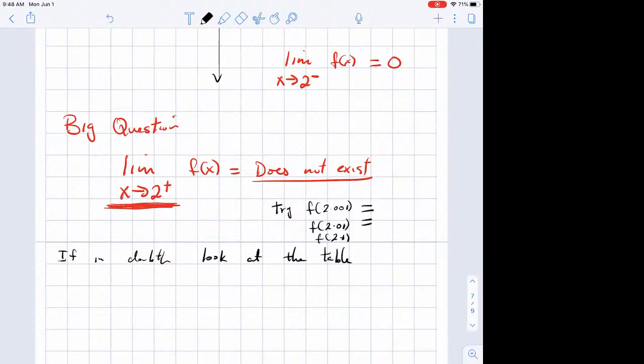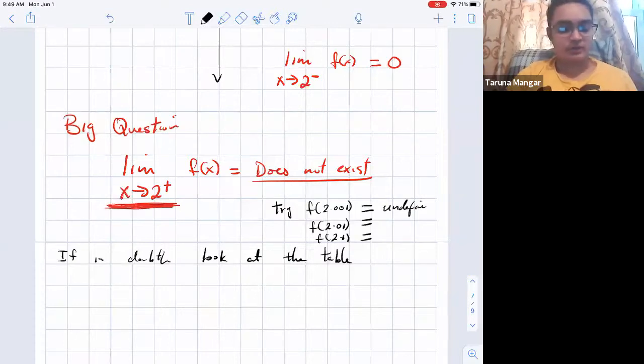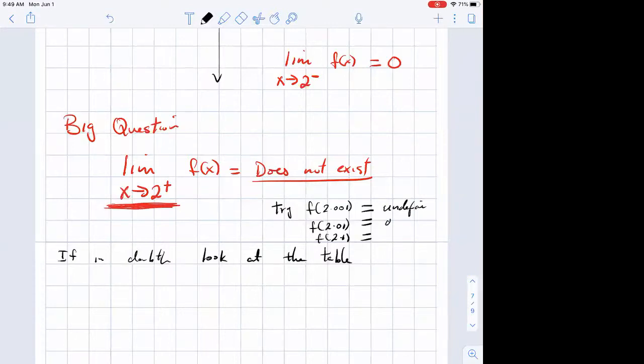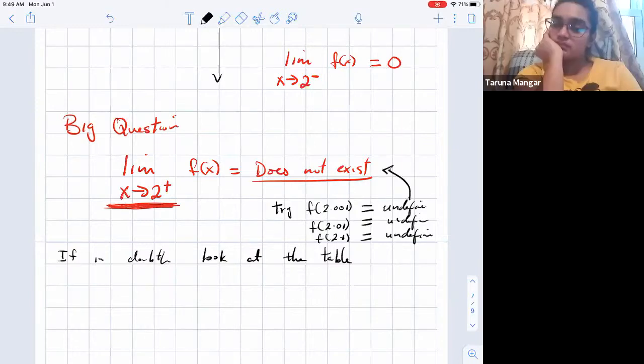You will see that each one of these values is undefined. Yeah, I got an imaginary number. Right, undefined. Same thing will happen here. Undefined. And from here, you get that.